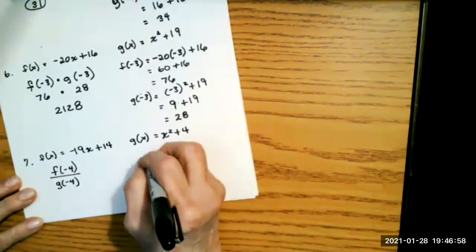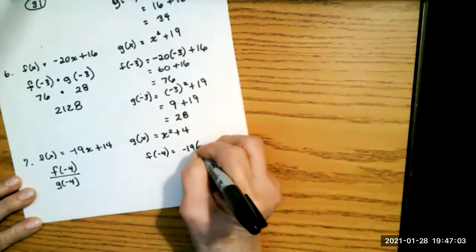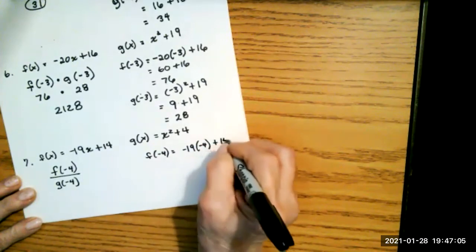So f of negative 4 is negative 19 times negative 4 plus 14.